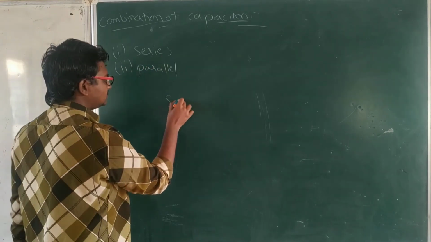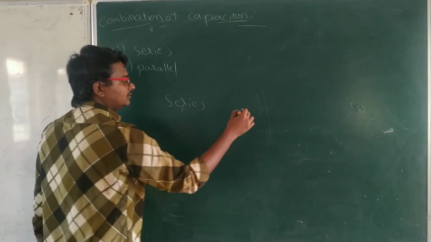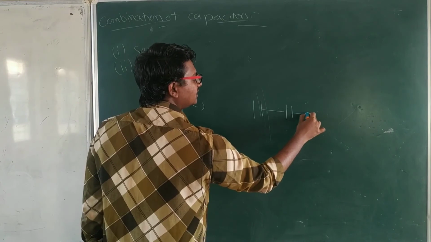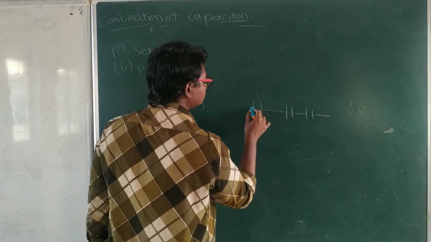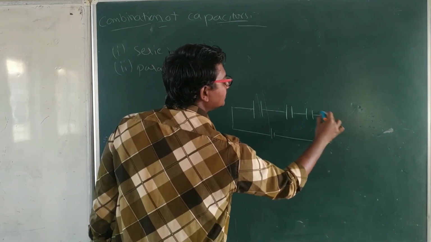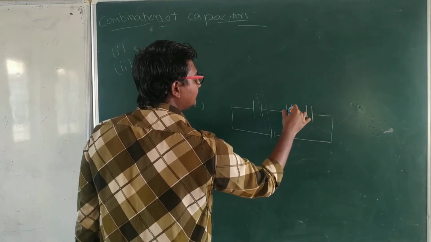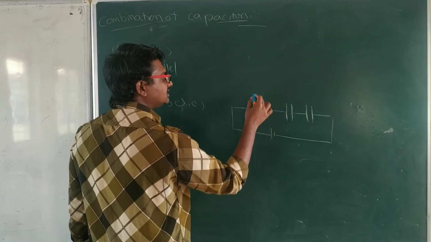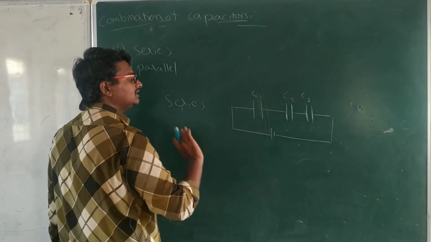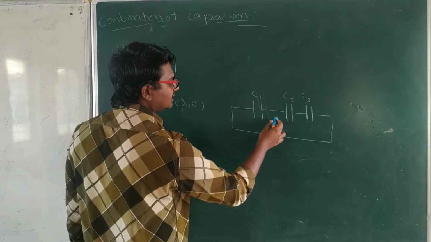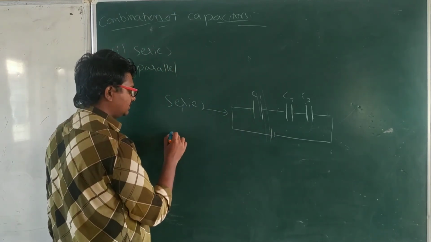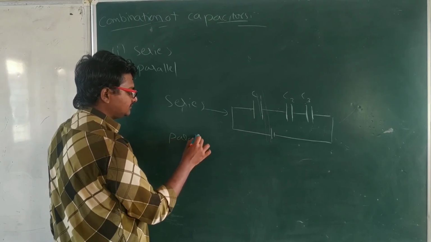In series connection, the capacitors are connected in this manner, like this, to a battery. Different capacitors of different capacities C1, C2 and C3, or all three of the same capacity, can also be considered. In this manner, that is a series connection.